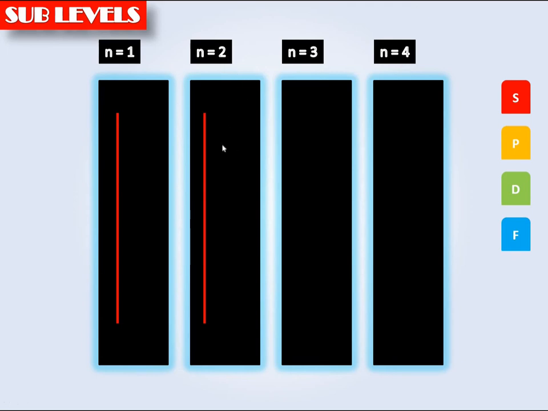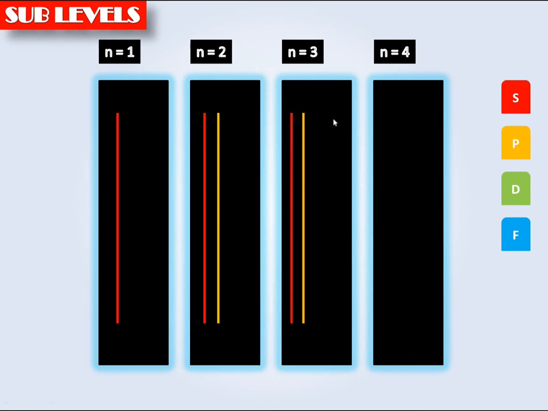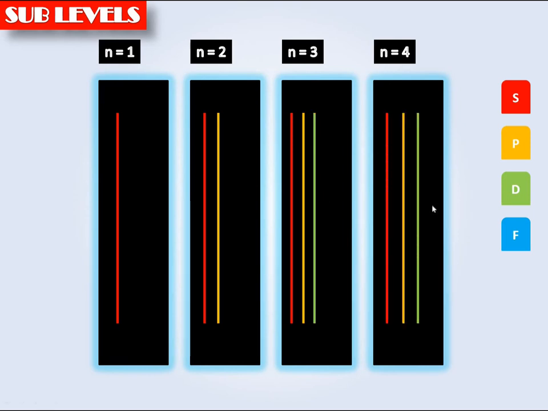We have 2, so we can have S and P. Then the next one, which is 3, we can have S, P, and D. Then the next one, we can have S, P, D, and F. We can have all of them, since it's 4. That's just a diagram to make you really understand how these sublevels are positioned in these energy levels.